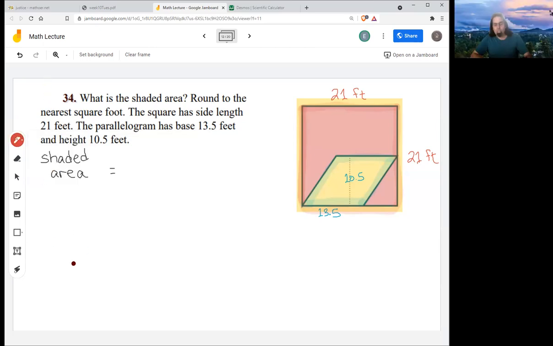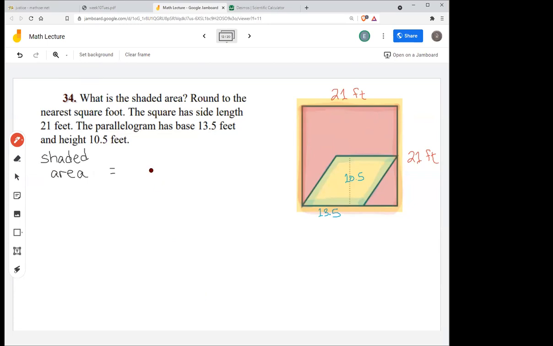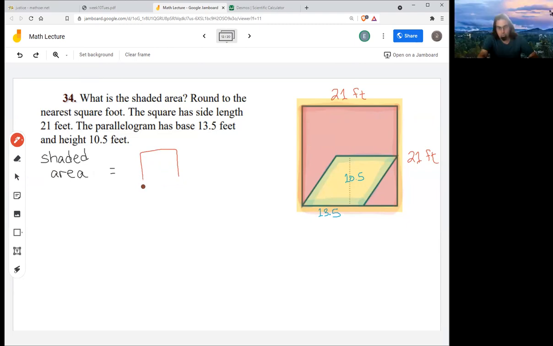What am I doing as my general plan? Just words about shapes and adding or subtracting or something like that. How am I getting to this shaded area that I want? Would you do square subtracted from the parallelogram? Starting with my square, and then I'm taking away the parallelogram. Everyone okay with my plan?